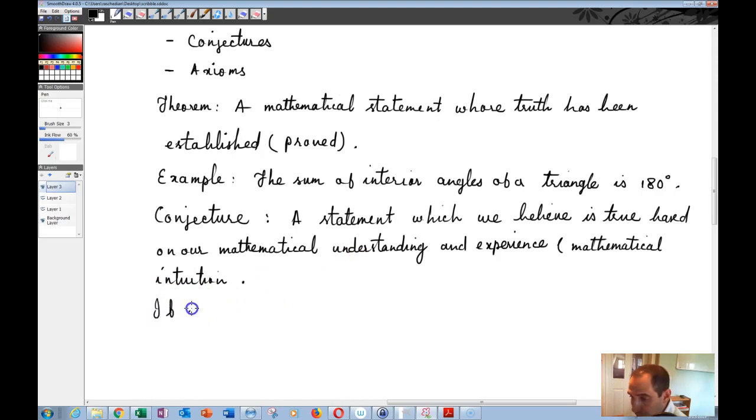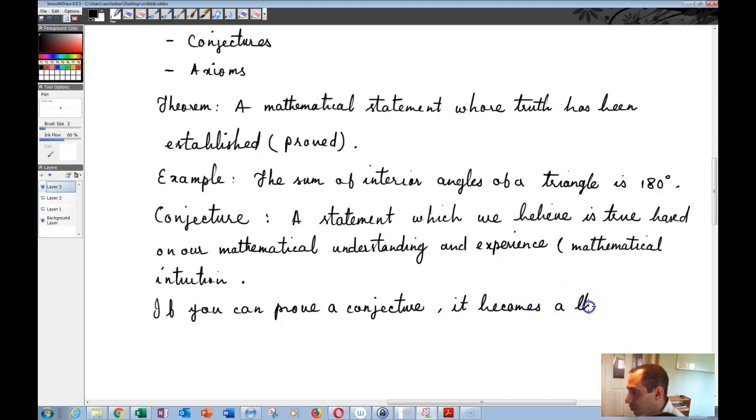So if you can prove a conjecture, it becomes a theorem.